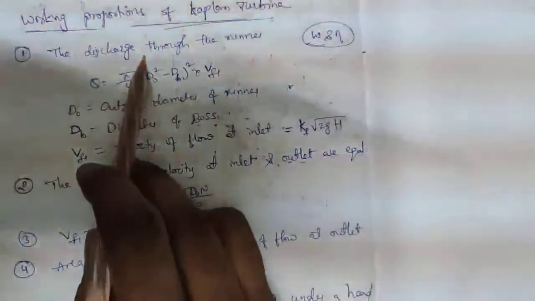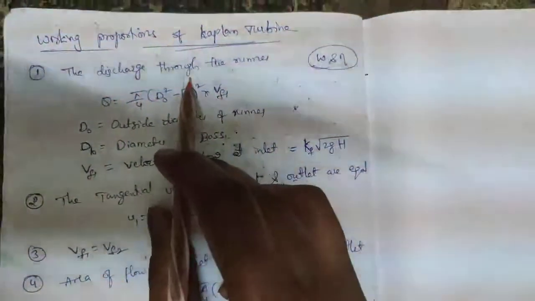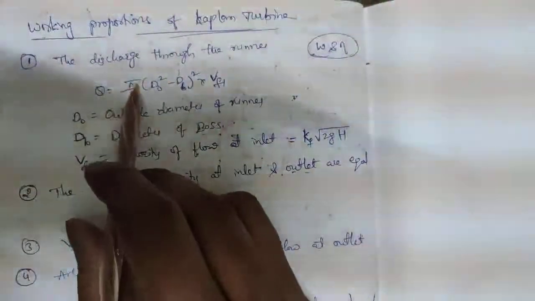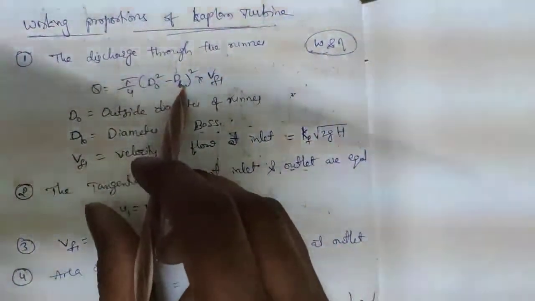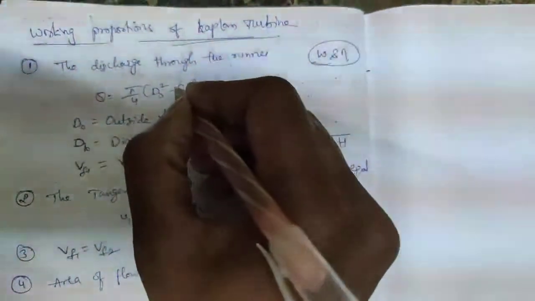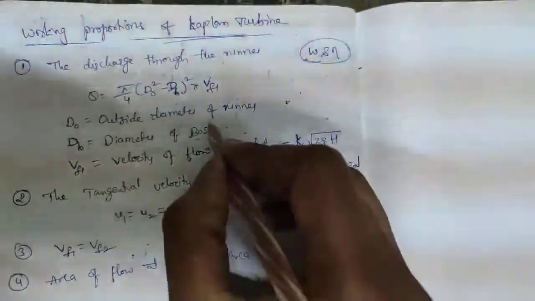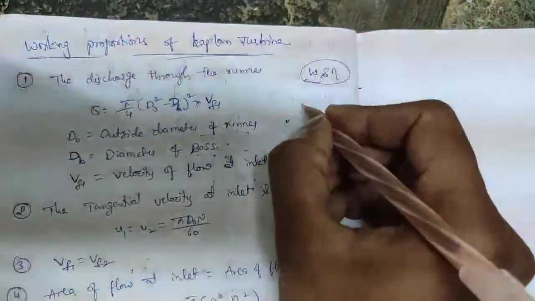First is discharge. The discharge through the Kaplan runner, Q equals pi by 4 times (d0 squared minus dB squared) times Vf, where d0 is the outer diameter of the runner.